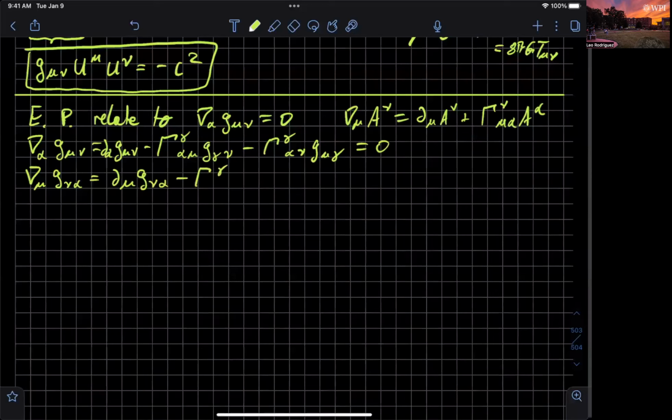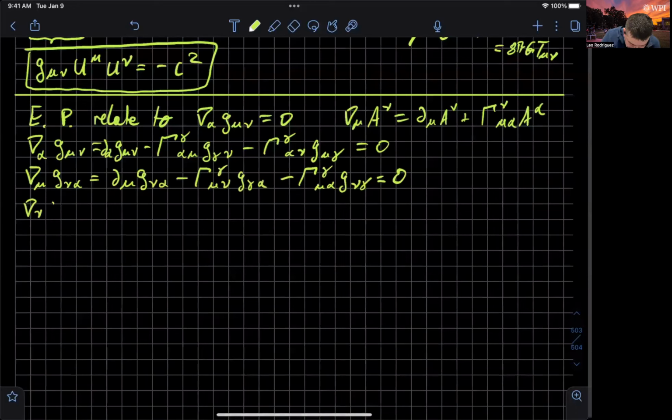And I'll use that same dummy index here, but now I'm going to have the derivative of g gamma alpha minus gamma, and then I'll have mu alpha g mu gamma, and that still equals 0. So I haven't changed the equation except permuted my index structure. And let's do the last permutation.